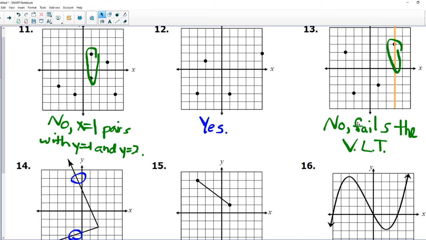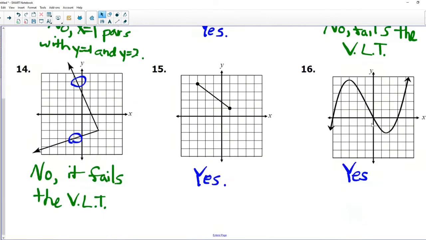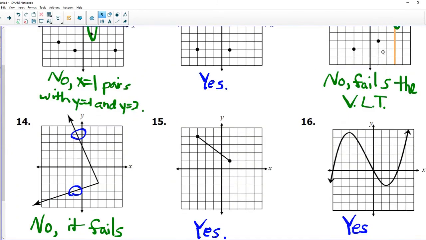So we can just say, no, it fails the vertical line test. And if you want to be a little more specific, you can say it fails the vertical line test when x is equal to 1, 2, 3. For 16, this one does pass the vertical line test. It curves, but at any one spot, it touches a vertical line only once.